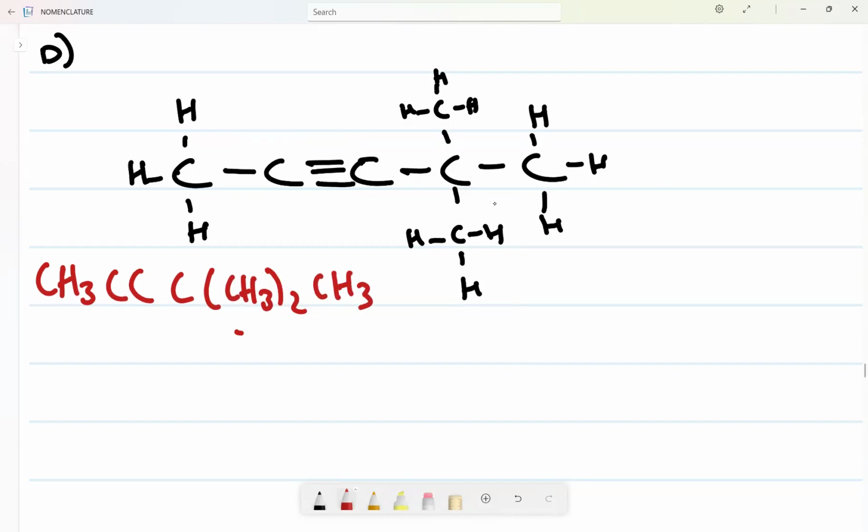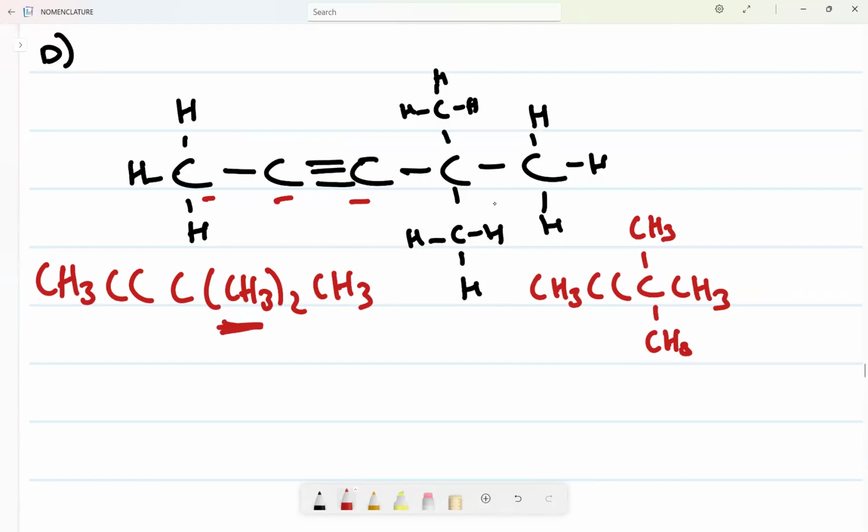Or an alternative way is CH3, C, CH3, C, then C again, but now it has a CH3. Here I just say CH3. I only show bonds if I want to show this is a branch, or I use a bracket. And how many branches do I have? 2.